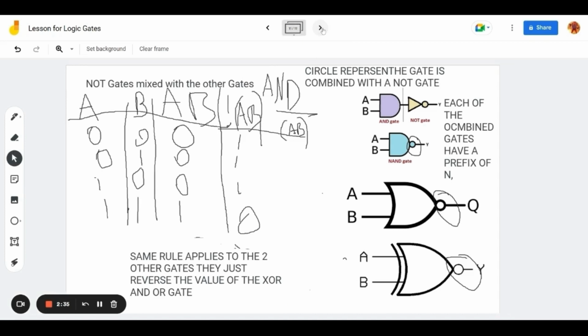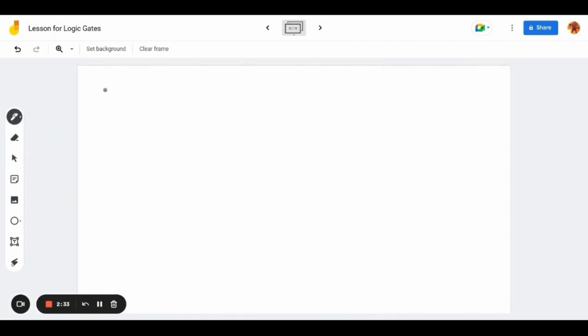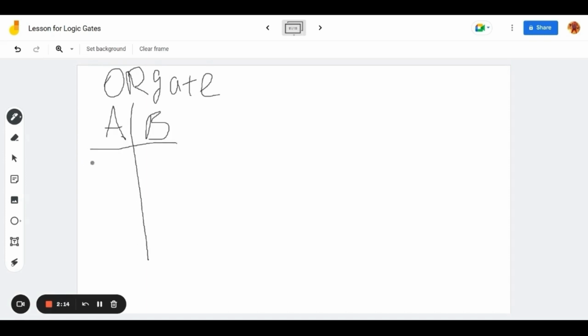Here, let me show you. Here's the OR gate. A, B. 0 0 0 1 1 0 1 1.